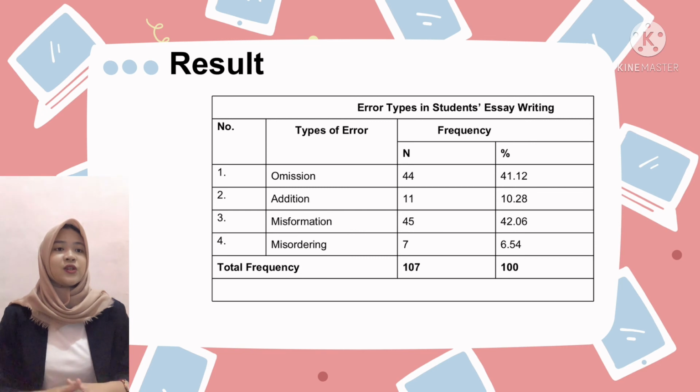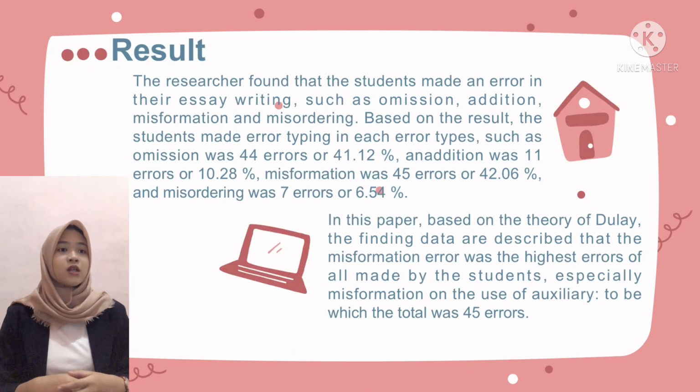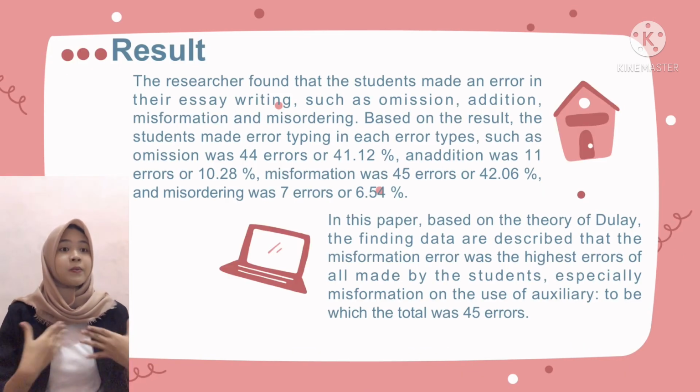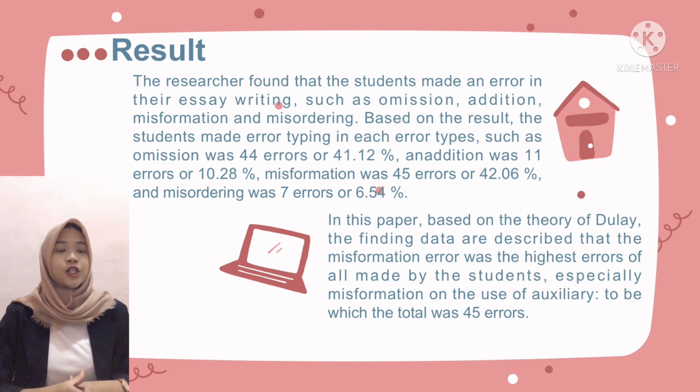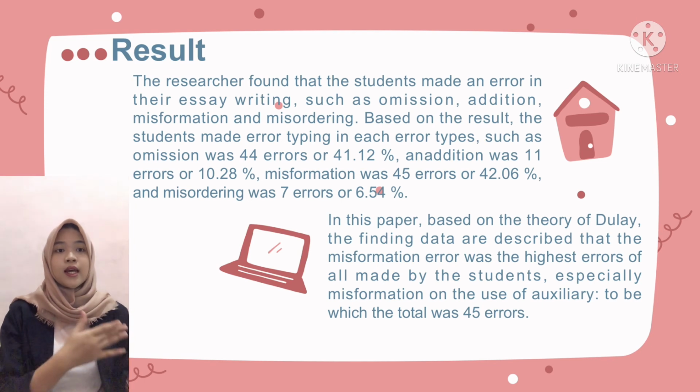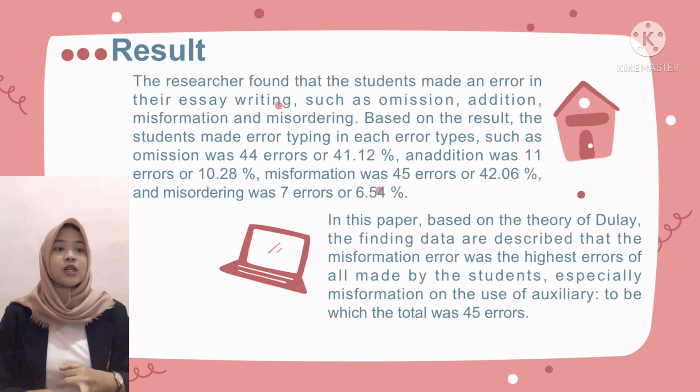And let's continue again. So based on the table on my PPT just now, the researcher found that the students made errors in the essay writing such as omission, addition, misformation, and misordering. Based on the result, the students made errors in each error type, with the total of omission being 44 errors or 41.12%.